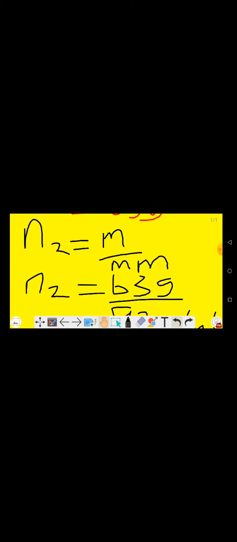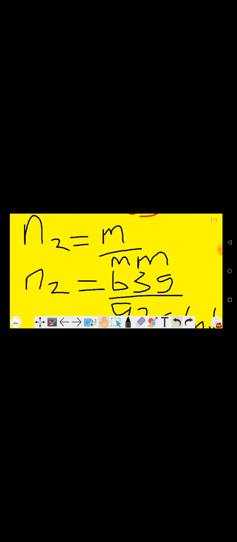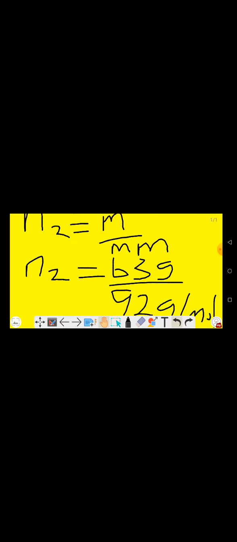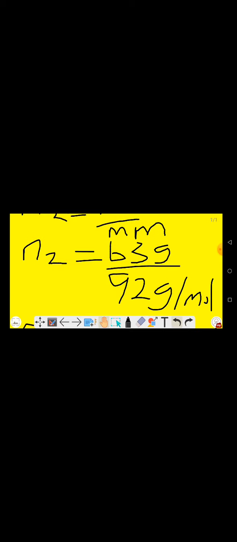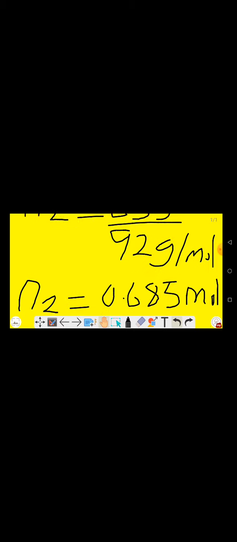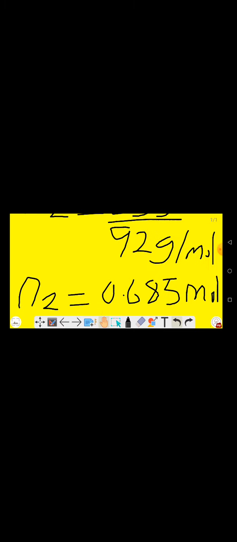It's the 63 grams we calculated. We plug in. Then what is the molar mass for glycerine? When you calculate, you find that the molar mass of glycerine is 92 grams per mole. After dividing, we find that the number of moles of glycerine is approximately 0.685.